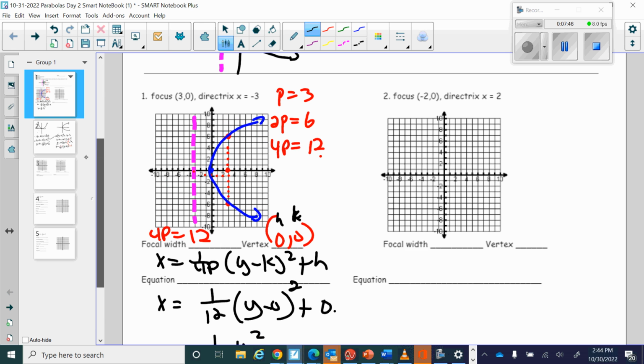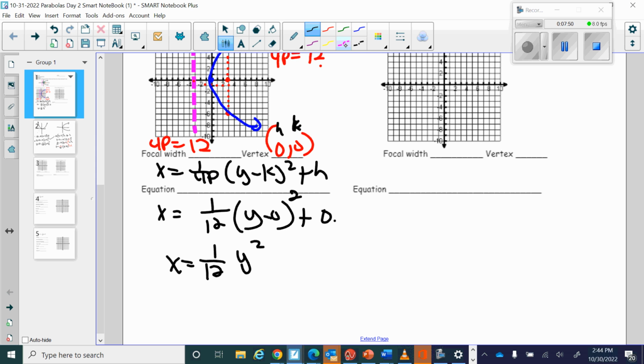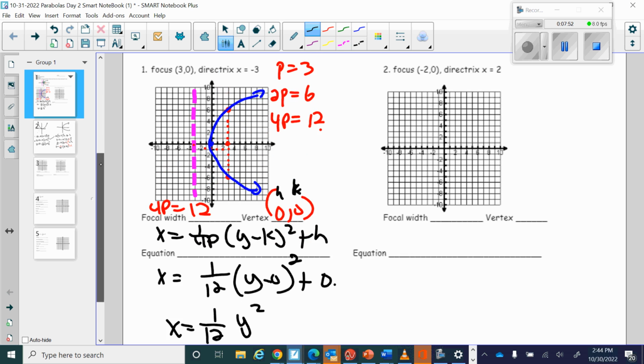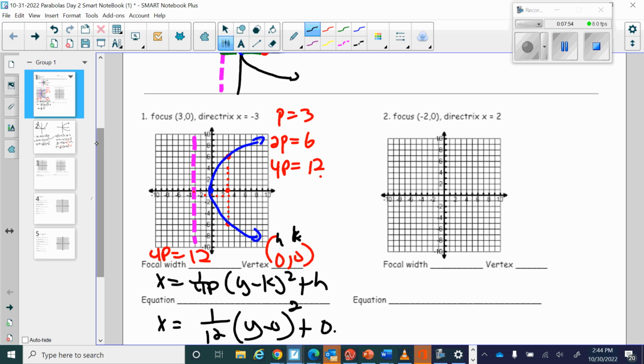Again, x equals 2 is my directrix. Let's go over here. Right there. And then my focus is (negative 2, 0).